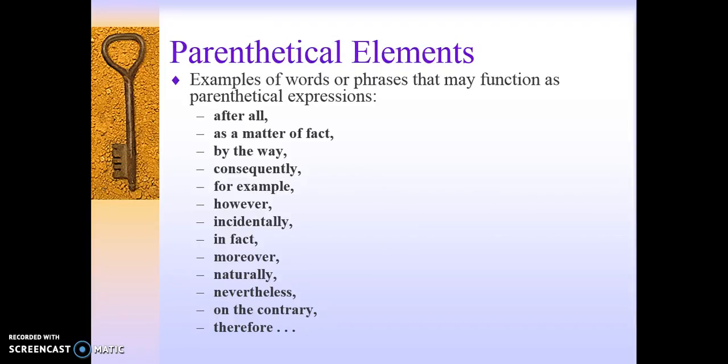Whatever you're saying before and after "after all" does not affect the sentence. As a matter of fact, again, you can say something before and then say "as a matter of fact," say something afterwards, and most likely it will not affect the grammatical correctness of the sentence. So you have by the way, consequently, for example, however, on and on and on.